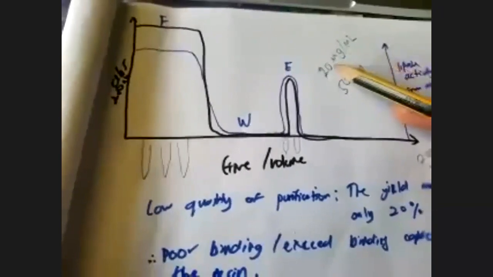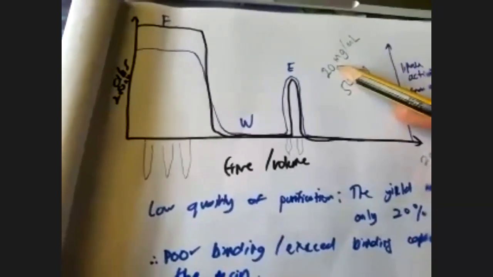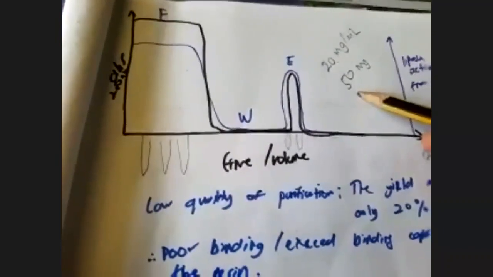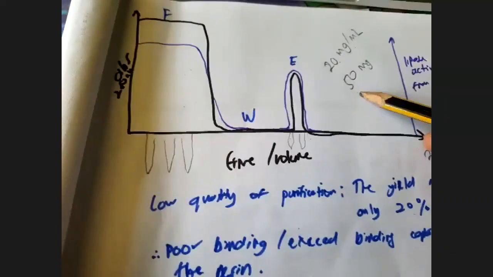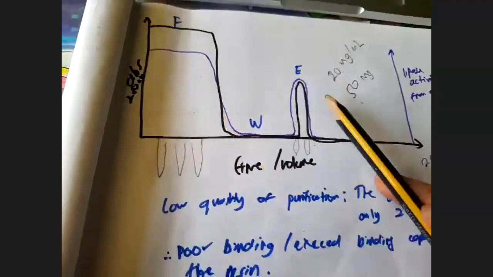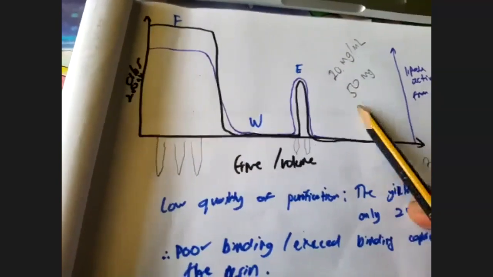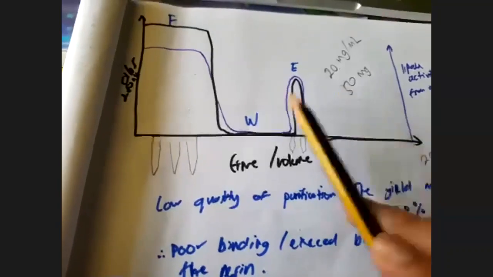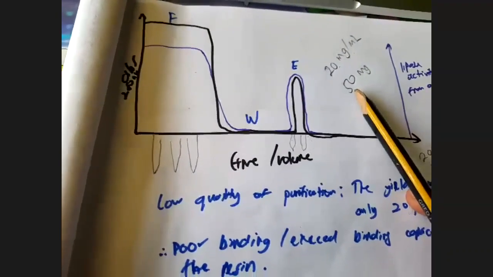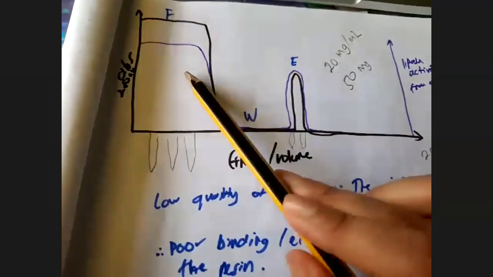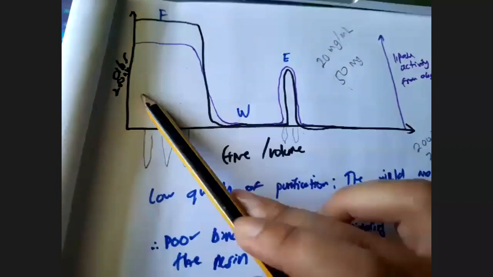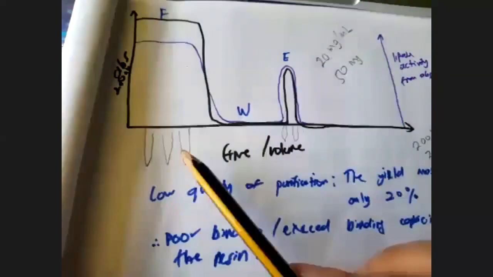If you have 3 ml, that means you have 60 milligram of resin capacity ready to capture 50 milligram of your protein. For this case, the column can only bind 20, but you loaded 50. That's why whenever your target protein cannot bind to the matrix, it will just be washed out in the flow through section.